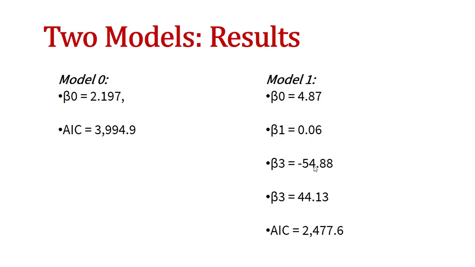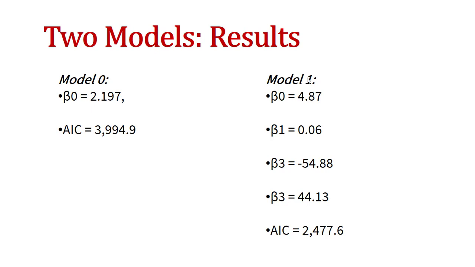Beta 2 is minus 54.88, which is the extra happiness that you would get for poverty, which in this case is negative. So you are expected to have 54.8 points less happiness in poverty in comparison to cooking. And beta 3 is the extra points you would get for being exposed to a successful story in comparison to cooking.